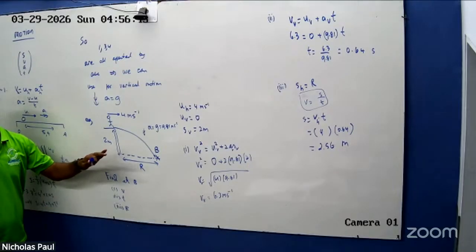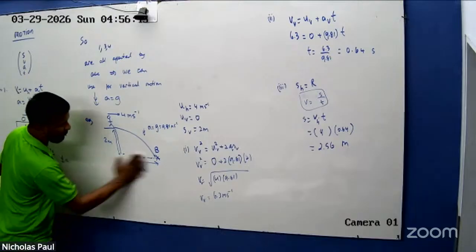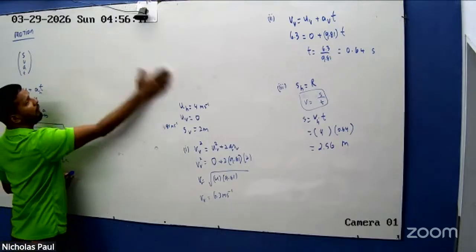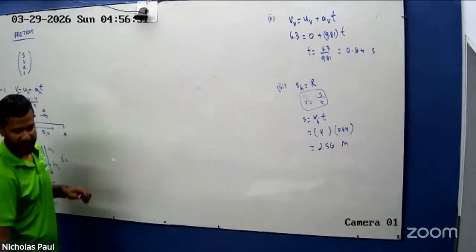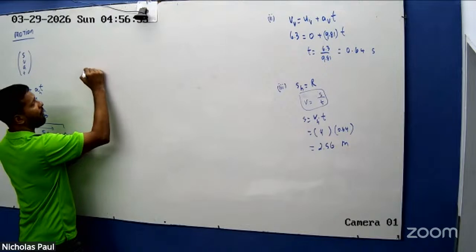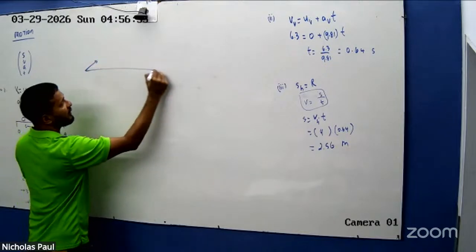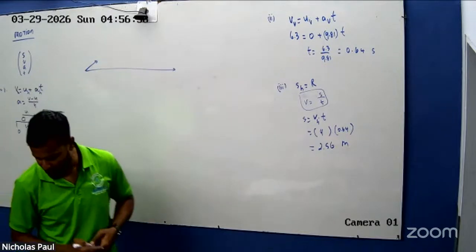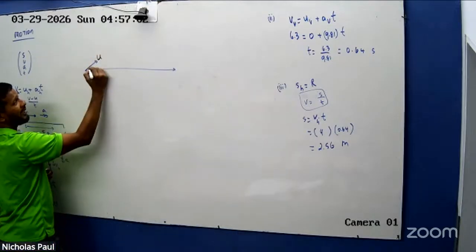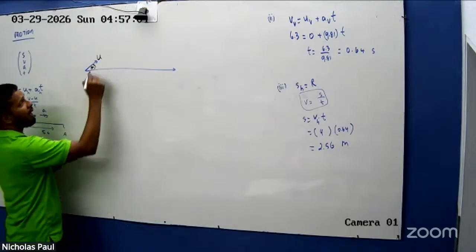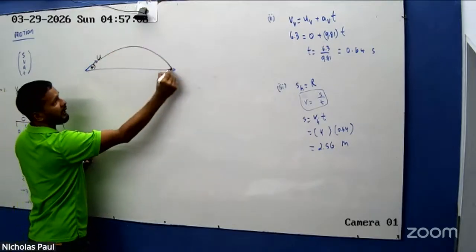Anybody writing this? I'm going to use something like this to show you how an object follows a parabolic path. If I shoot this object up in the air with an initial velocity u at an angle theta, the path the object will follow is something like that.